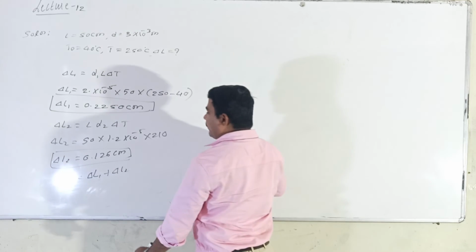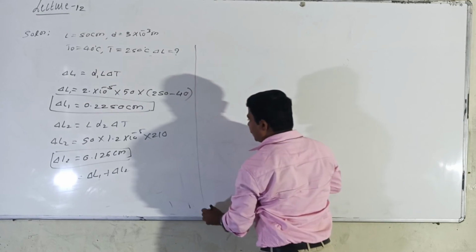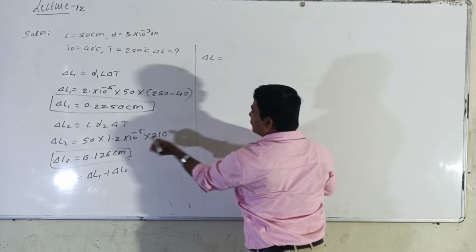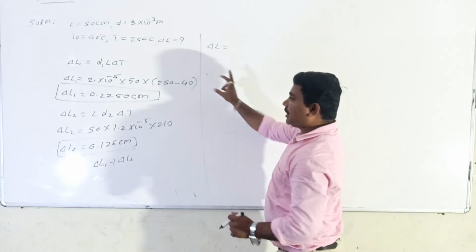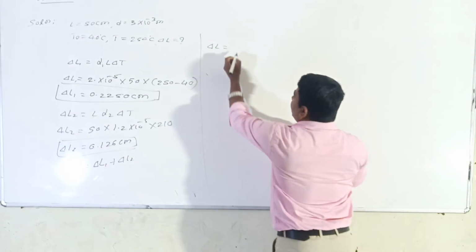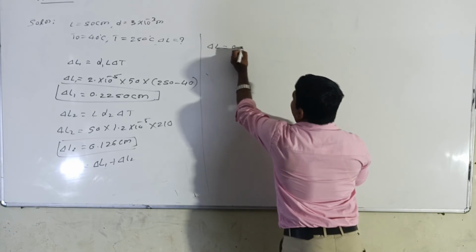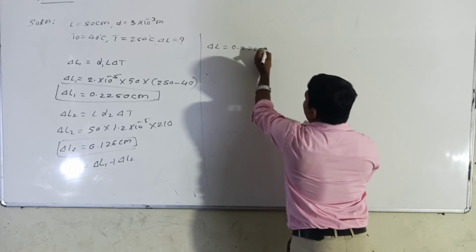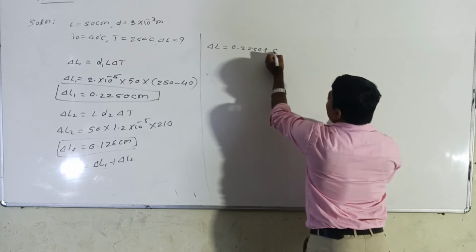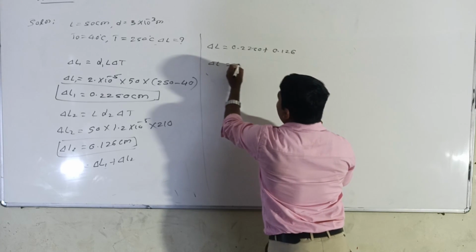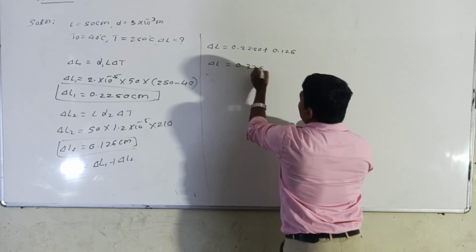Change in length is given by delta L equals 0.2250 plus 0.126, which is nearly 0.325 centimeter.